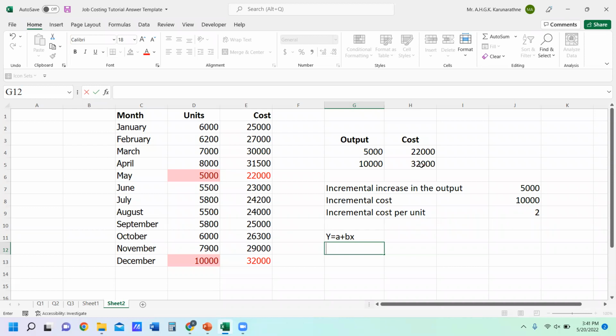For the cost of 32,000, we can take any of these figures. 32,000 equals A, which we don't know, plus B, which is 2, times the output of 10,000, that means X is 10,000.